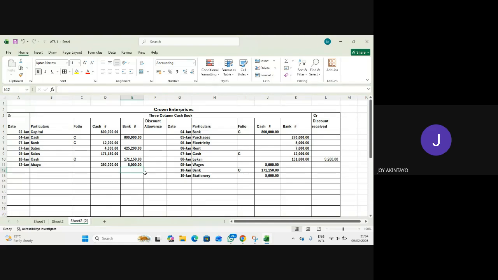Let's read. Can you read out? Paid out the gross of 279,000 by check and received discount of 12%. We paid Audi 279,000.